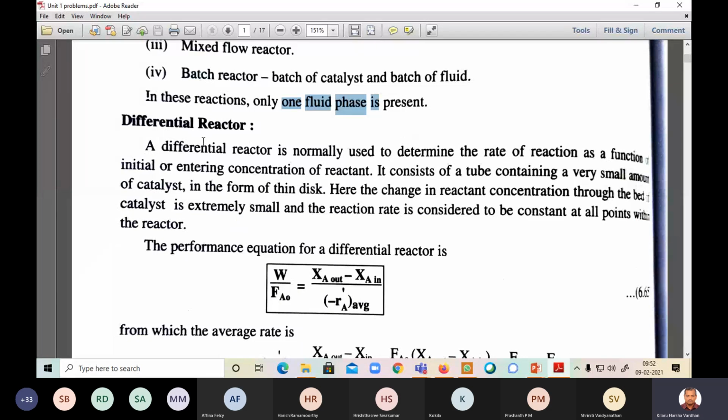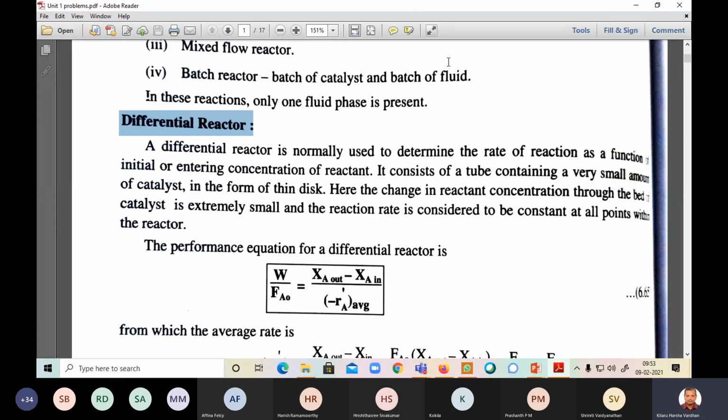A differential reactor is normally used to determine the rate of a reaction as a function of its initial or entering concentration of the reactants. If you are calculating the rate as a function of the initial or entering concentration of the reactant, that is called a differential reactor.